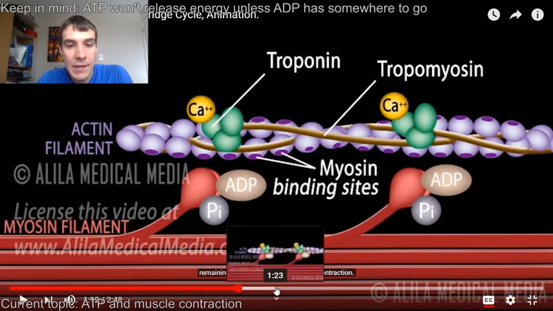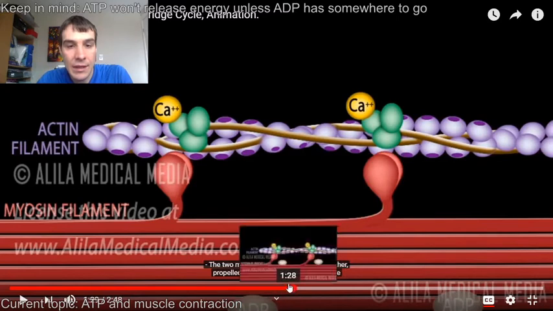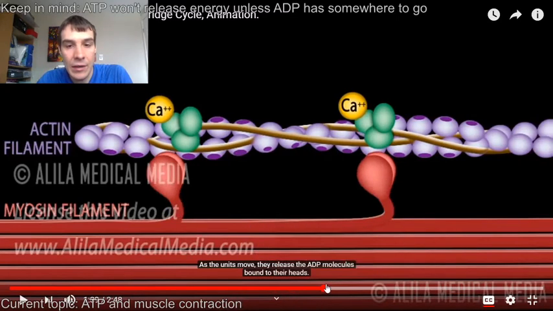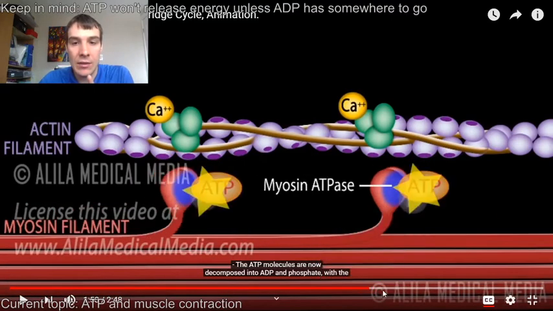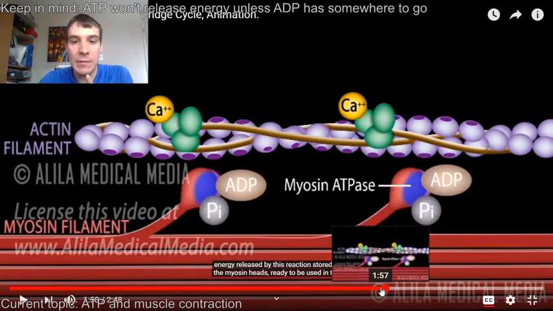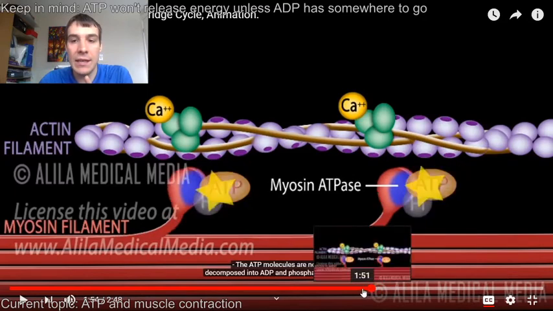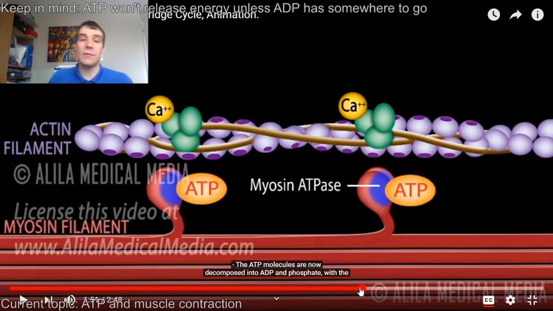Where the ATP comes in is here. The ATP comes in here, and as it binds to the muscle cell, it turns into ADP plus P, and that releases kinetic energy. It's kinetic energy that gets released.